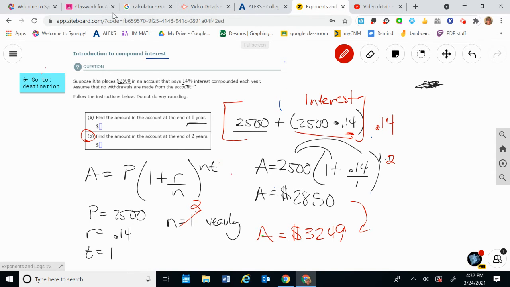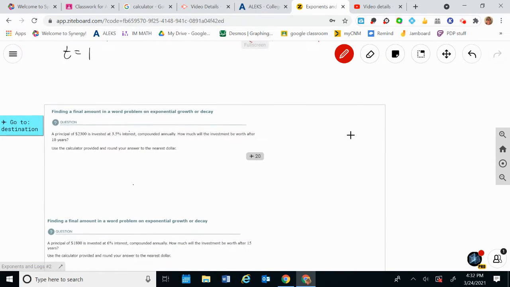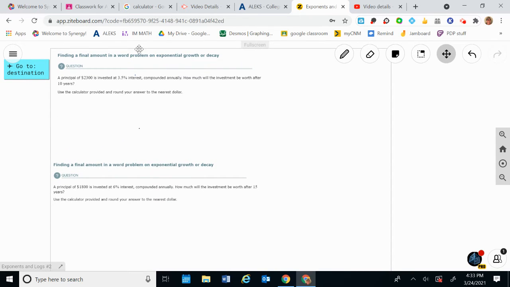Okay, let's look at the next problem. So it says finding the final amount in a word problem, exponential growth or decay. So now we're talking about exponential growth or decay. What I want you to do is think about if it deals with money, typically you're going to be using the A equals whatever formulas.